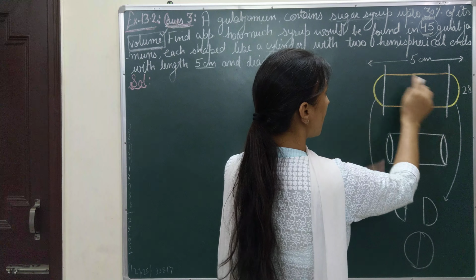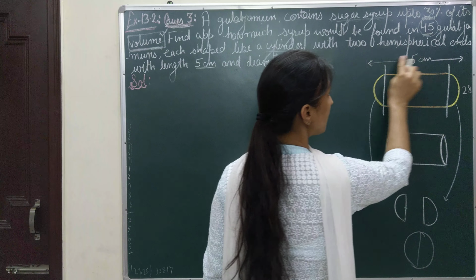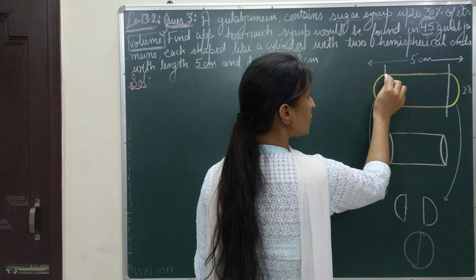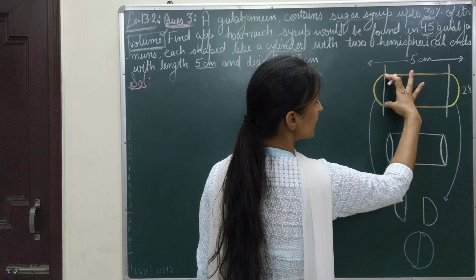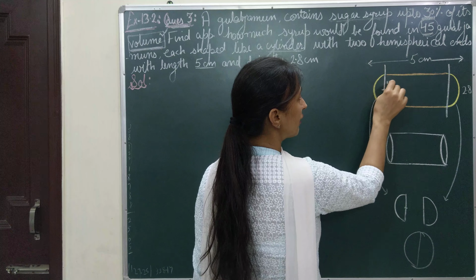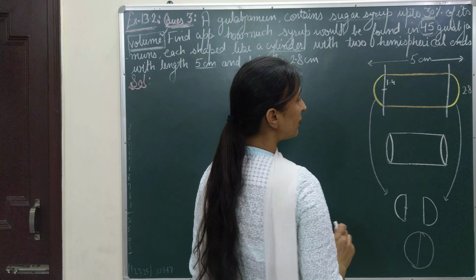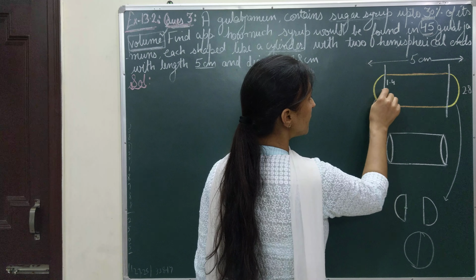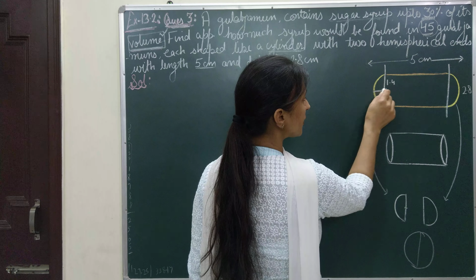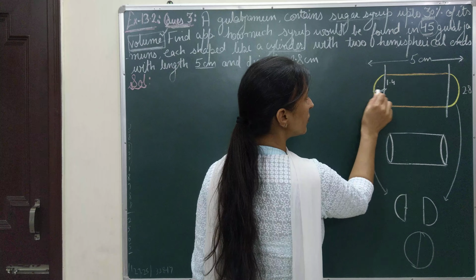So what I am given is that the full gulab jamun is having 5 cm of length, and I am also given that its diameter is 2.8. As this length 2.8 is representing the diameter, if I take half of it, that will be 1.4, and that will be the radius. If I join the center to the circumference of the circle, what I get is also the radius.